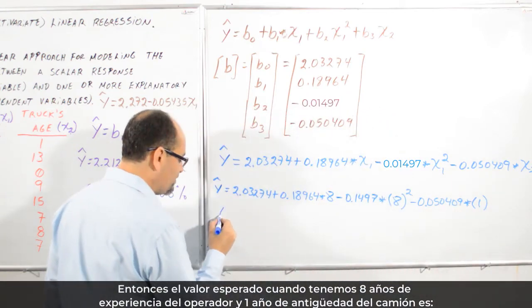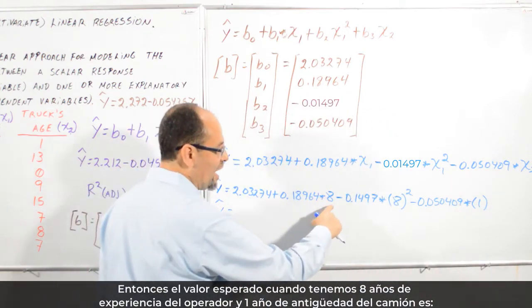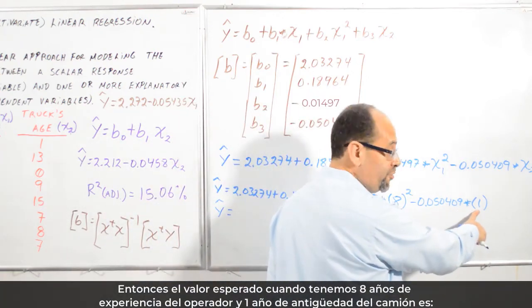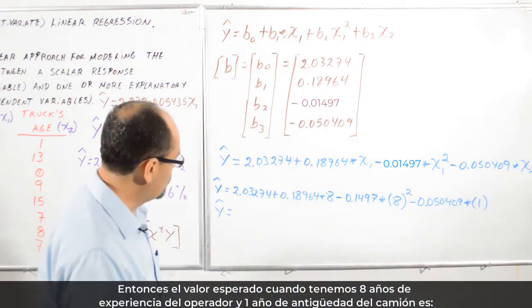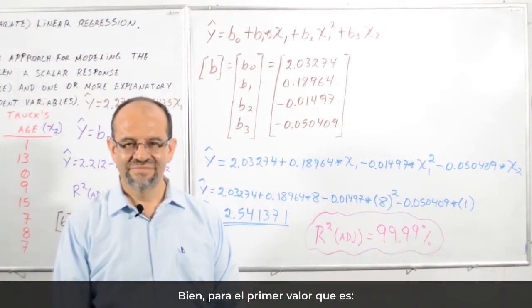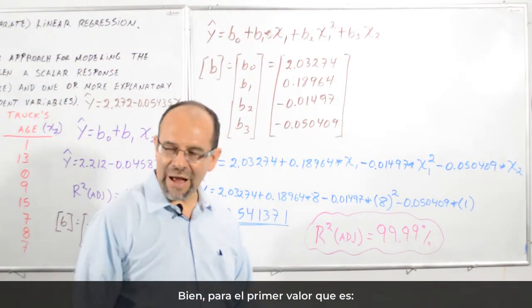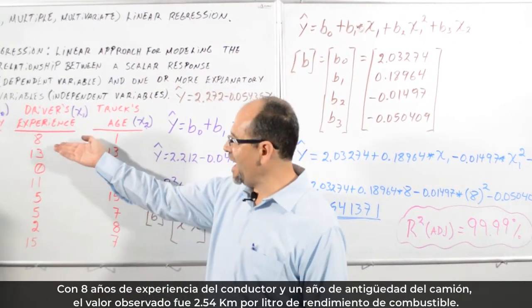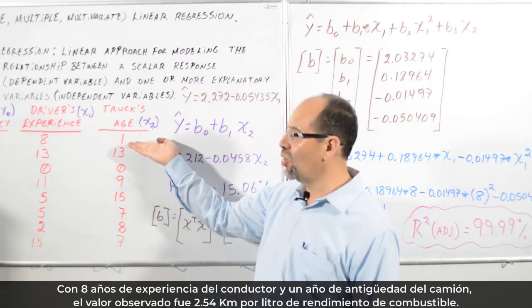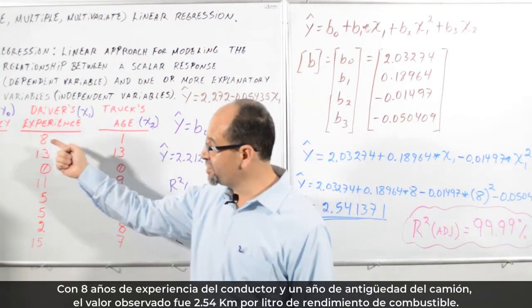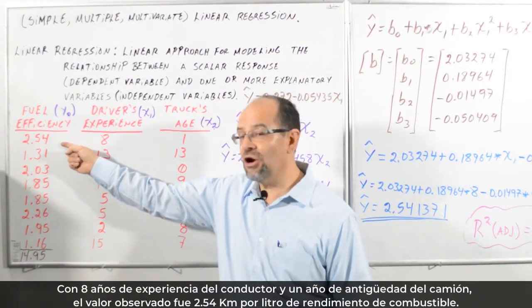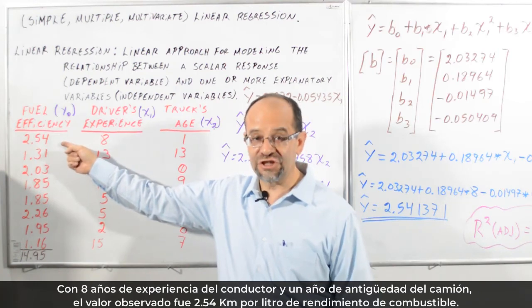Then the expected value when we have 8 years of experience of the operator and a 1-year-old truck is the next one. Let me do those calculations. Then, for the first value, with 8 years of experience of the driver and 1 year of age of the truck, the observed value was 2.54 kilometers per liter of fuel efficiency.